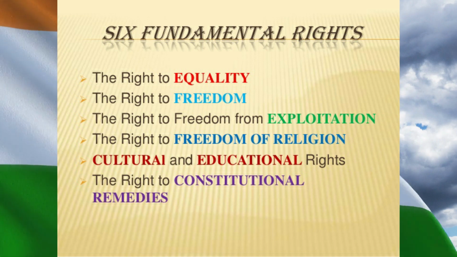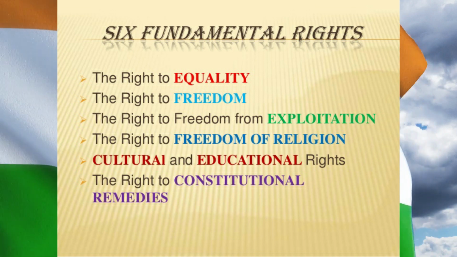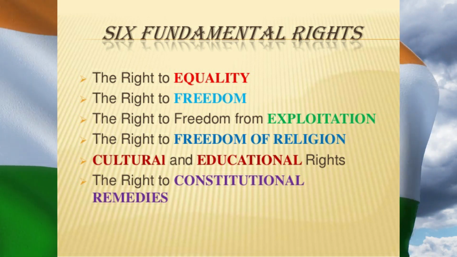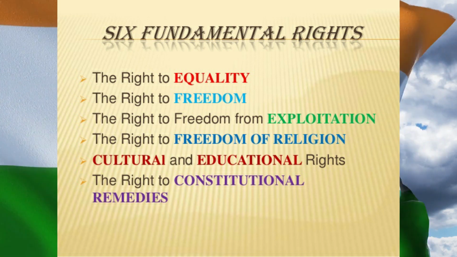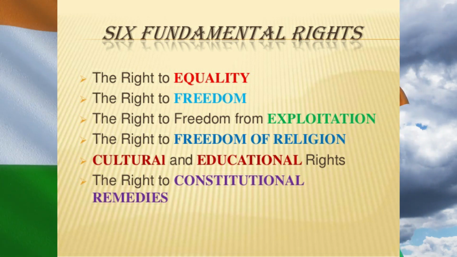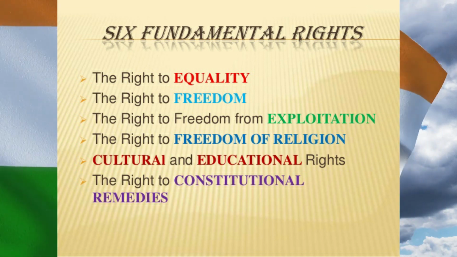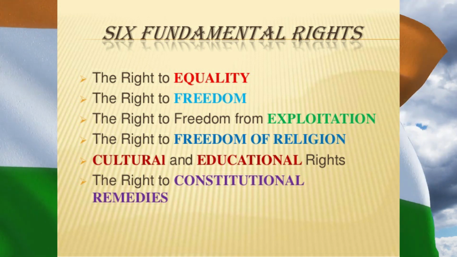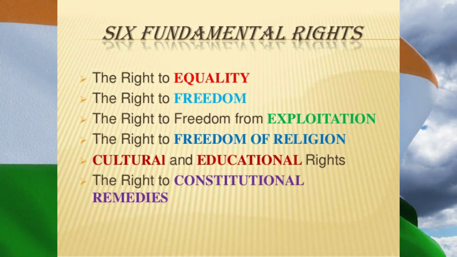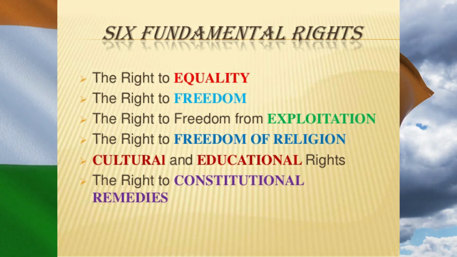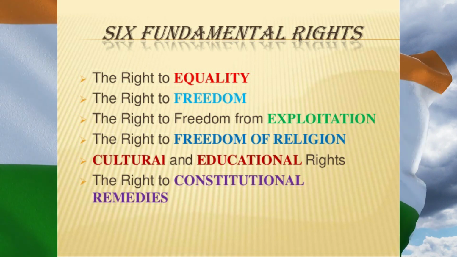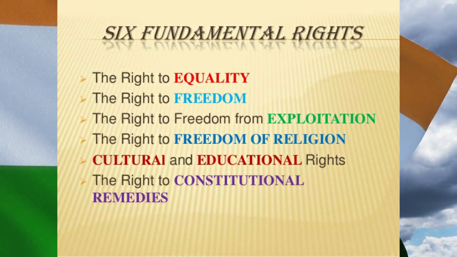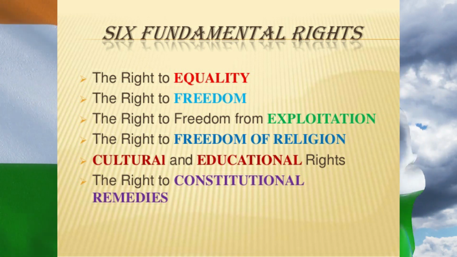Right to freedom. Our Constitution guarantees 6 different freedoms to promote the ideal of liberty mentioned in the Preamble. So, all citizens have the right to: number 1, freedom of speech and expression; number 2, assemble peacefully and without arms; number 3, form associations and unions; move freely throughout the territory of India; reside and settle in any part of India; carry on any occupation, trade, or business.